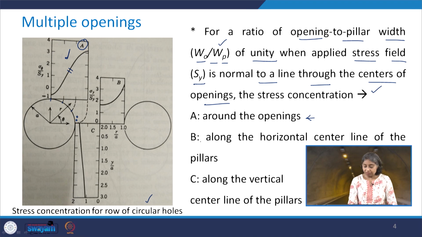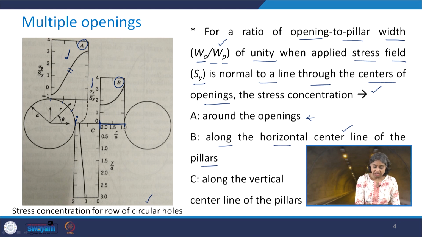Then the second one is along the horizontal center line of the pillars. So this is the pillar, the center line is the horizontal line, and the variation along this is given by B. This is sigma y upon SY. All the stress distributions we are plotting with respect to the stress concentration.